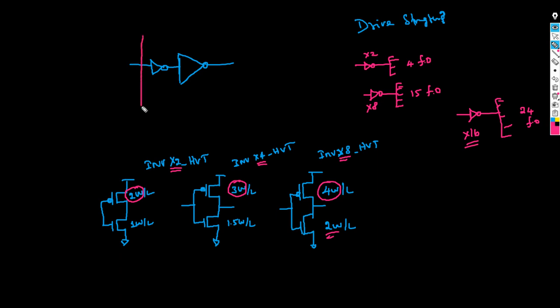Now, why are we doing this? If you look at this, on the top it is kind of a buffer, whereas internally, both of them are, say, inverter X2, and say this could be inverter X8.